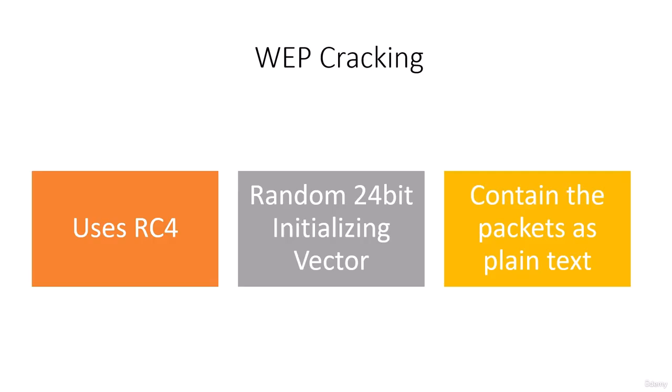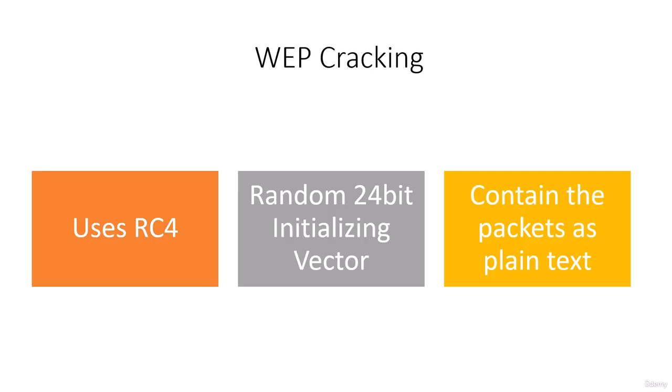It's just 24 bits. So in a busy network, a very large number of packets are sent into the air. This means the possibilities of random IVs will be exhausted, and we will have two packets that have the same initialization vector.